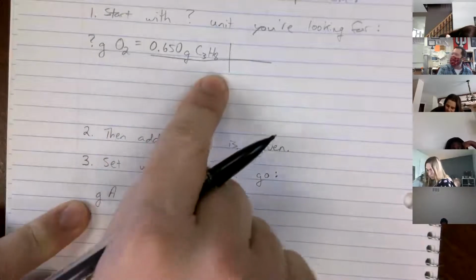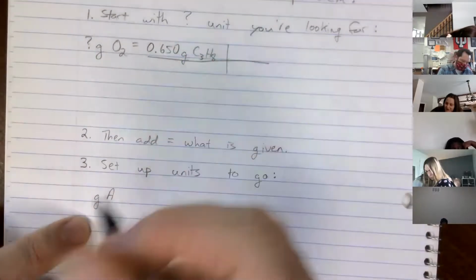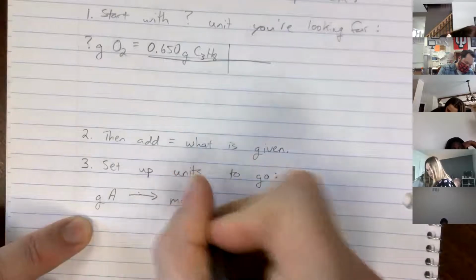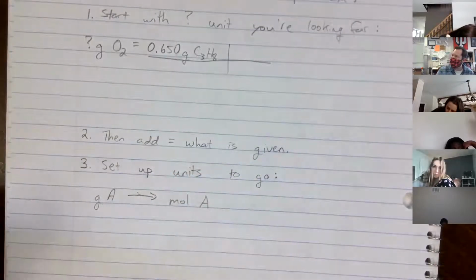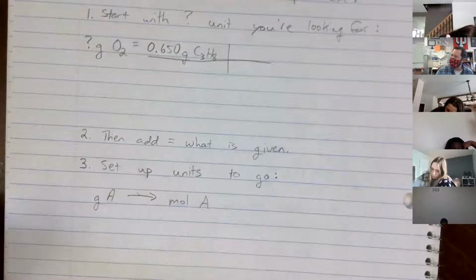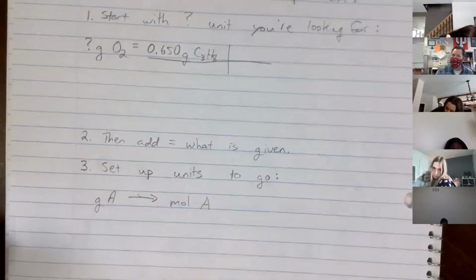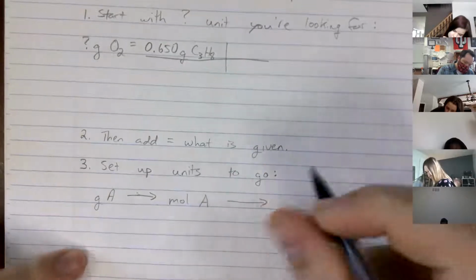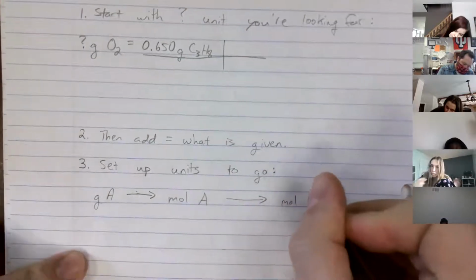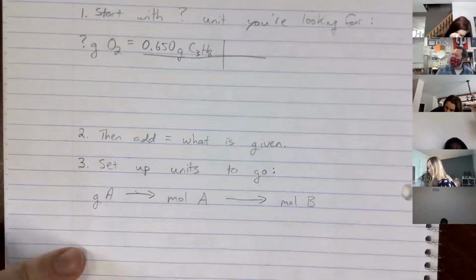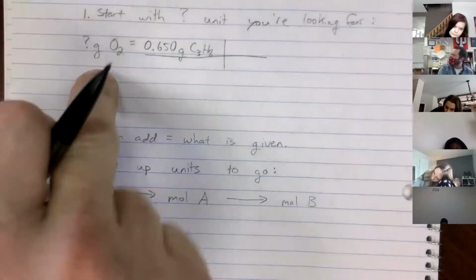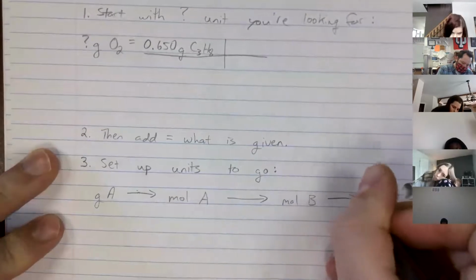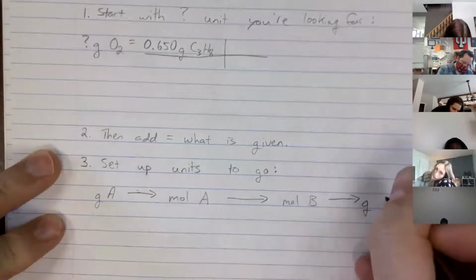In this case, our mass of A is propane, to moles of A. Once you have moles of A, we can go to moles of B. In this case, we're trying to get to oxygen, so B will be oxygen. And finally, moles of B to grams of B.